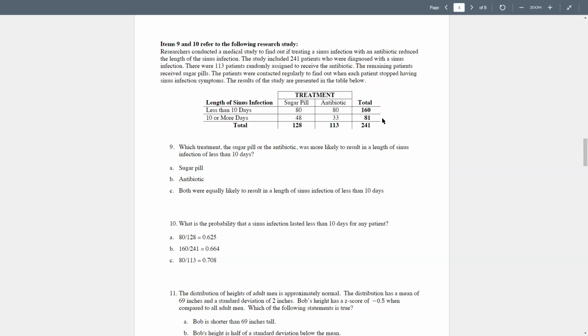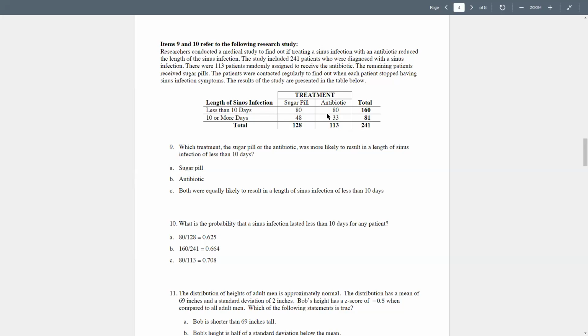Okay, so if you look at less than 10, over here it's 80 and 80. But look at the numbers at the bottom for 10 or more days. For the one that goes 10 or more days, you got less people. Thank you very much for your answer.